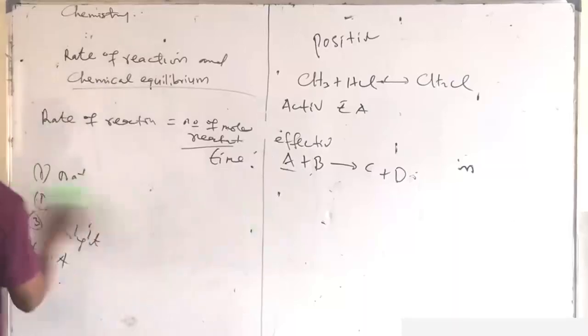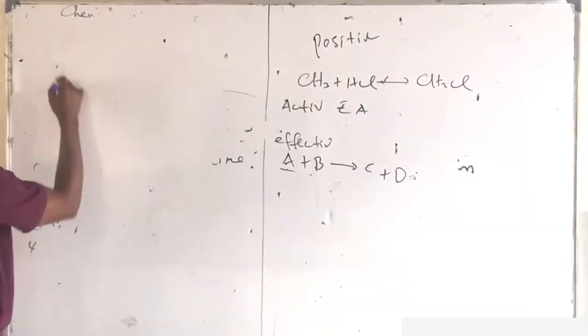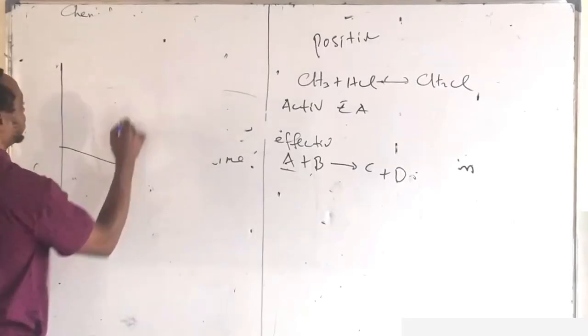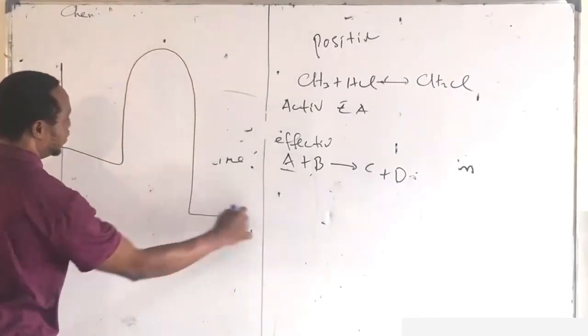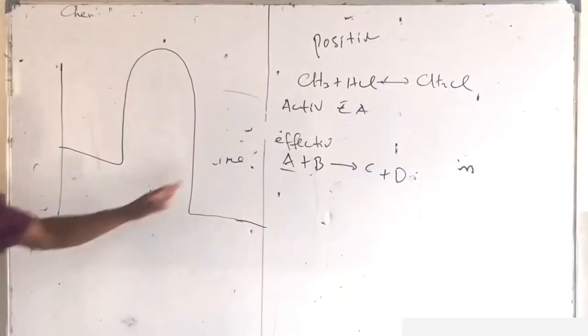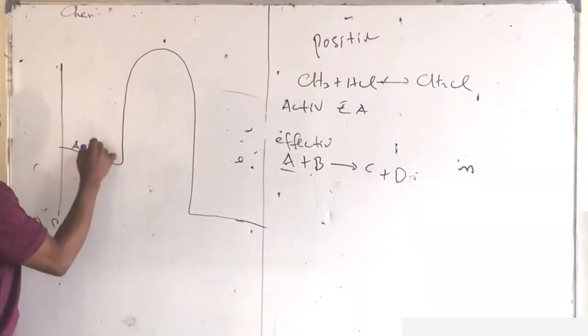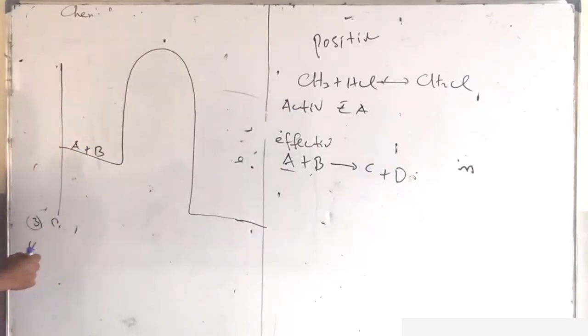Now, I will draw a diagram for you before we go into questions. Look at this simple diagram like this. Okay, I'm drawing what is called exothermic. We have endothermic reaction and we have exothermic reaction. The diagram here represents exothermic reaction. This is A plus B representing the reactants.